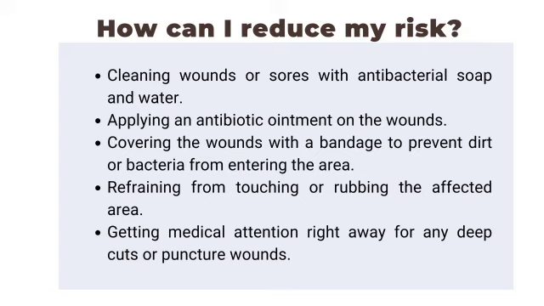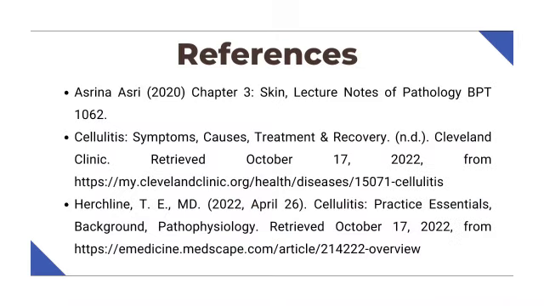Next is applying an antibiotic ointment on the wounds or sores and covering them with a bandage to prevent dirt or bacteria from entering the area. Next is refraining from touching or rubbing the affected areas. The last is getting medical attention right away for any deep cuts or puncture wounds.